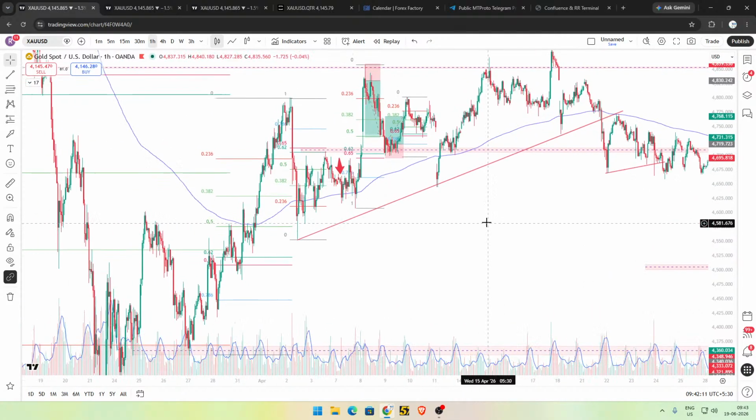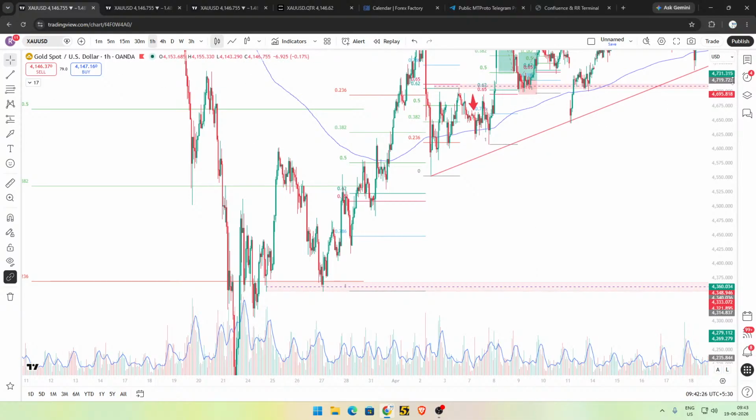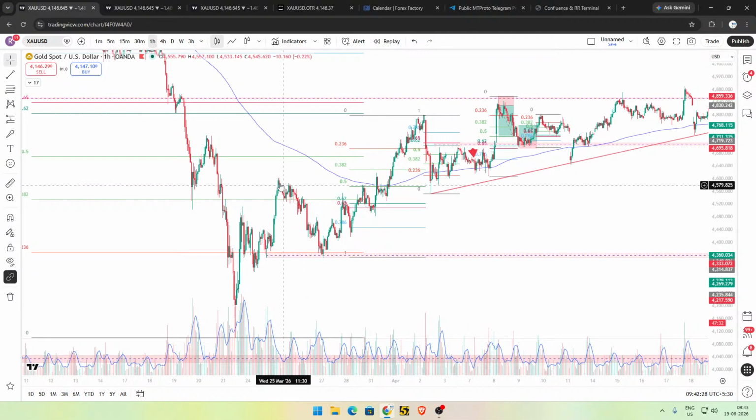So where was the part of the game? This trade also worked somewhat nicely, but because of the war it went up like that. And here was the breakout, and that breakout also worked because of this 200 moving average.